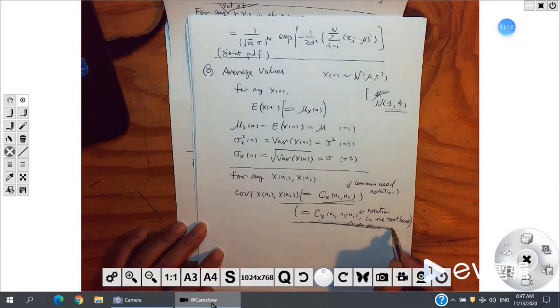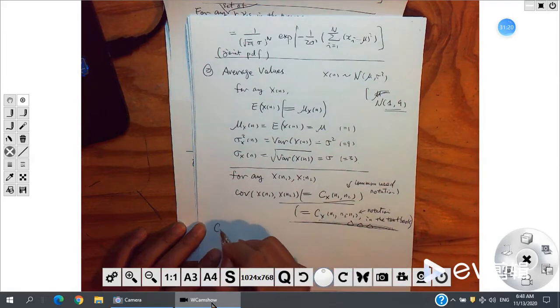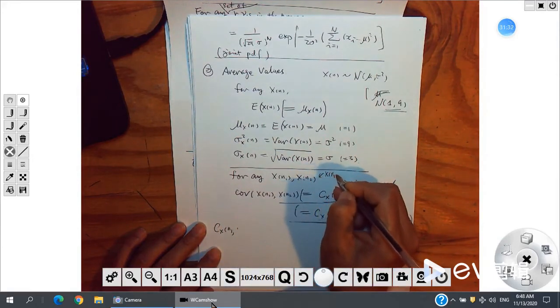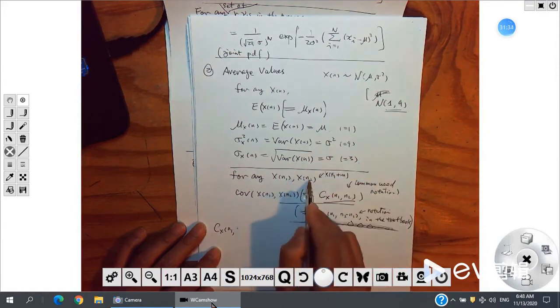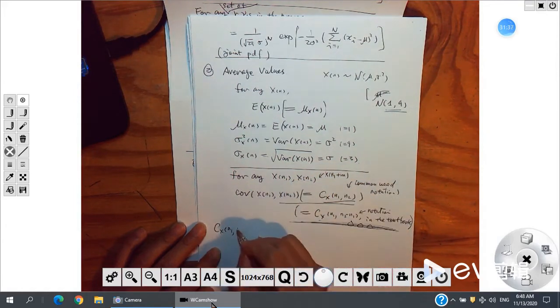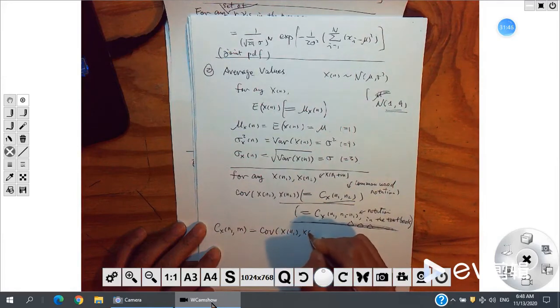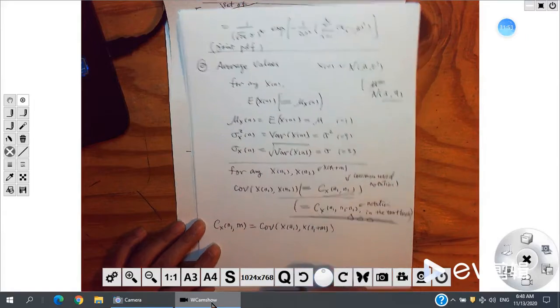So C x of n1 and, I say m. This is x of n1 plus m. M is the difference between n1 and n2. This is the covariance of x of n1 and x of n1 plus m. Then this one will be what?